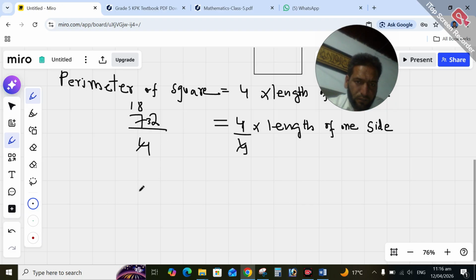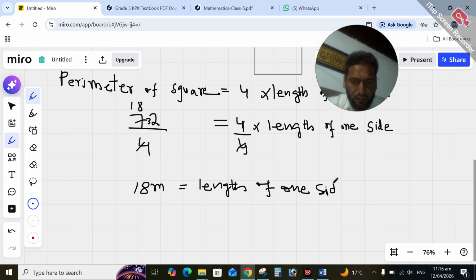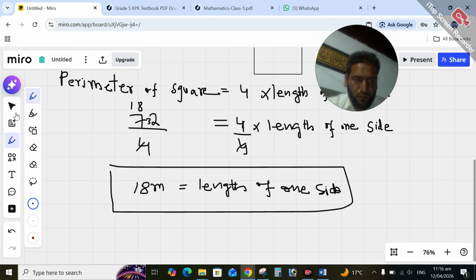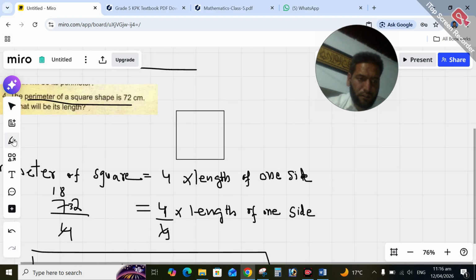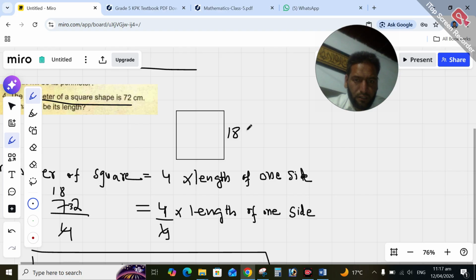So the length of one side is 18. Length of one side here is 18 centimeter, not a meter.